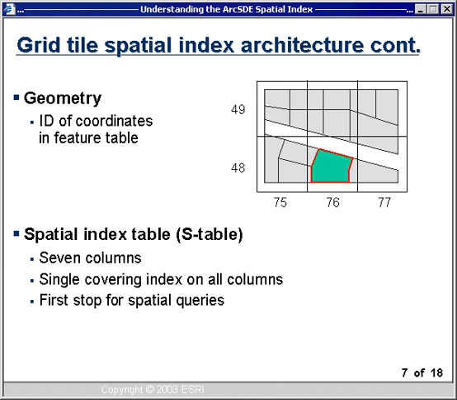So any kind of query that's returning a subset of all of the features in your feature class is going to stop first at the spatial index table and see if it can reduce the number of shapes that ArcSDE needs to look at directly. The same way that when you're using a map index, you'd rather find values in the index and search a small grid tile than have to read through every record on your street map looking for the right street.